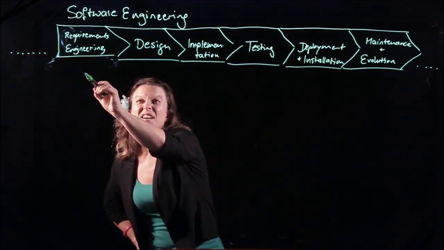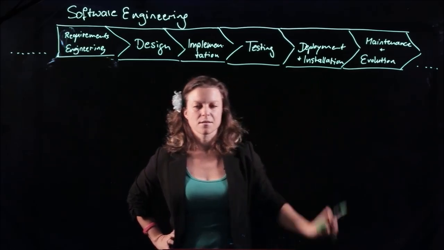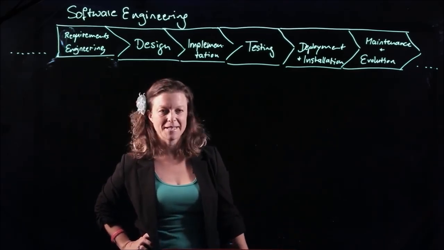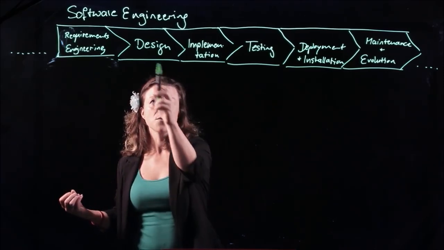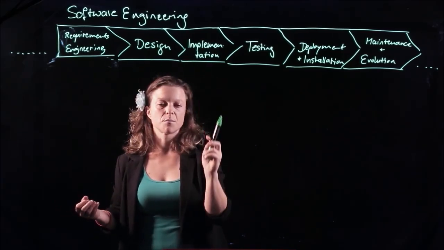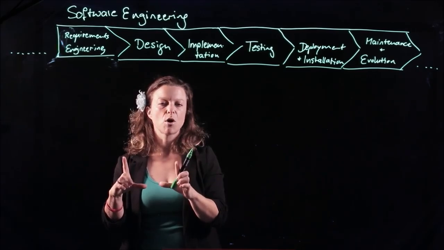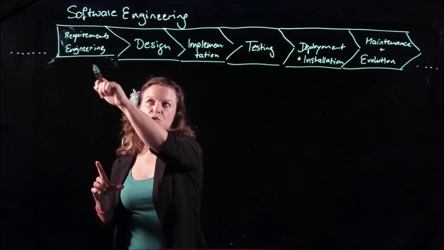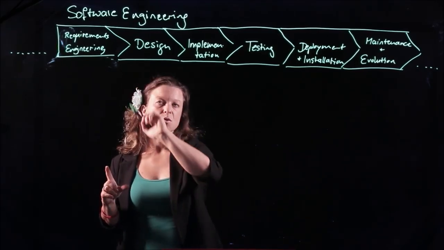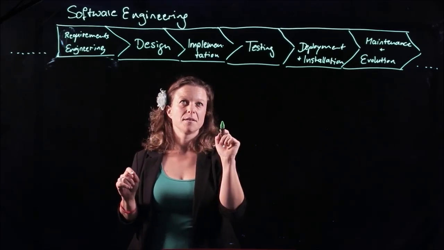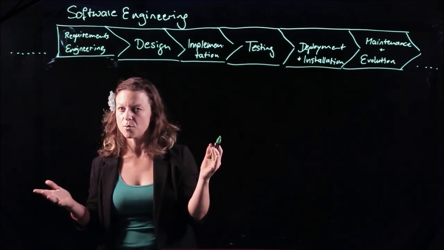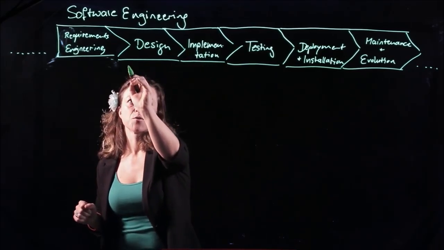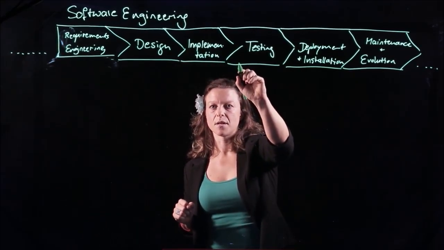The other one is, this implies a linear process. Ain't happening. For those of you who already have a little experience, even just in developing a small app, you know that you start somewhere here, you get to a design, you start implementing, and then you're like, oh, this didn't quite work as I thought it would. Okay, so you have to go back and fix the design, and then you implement again.